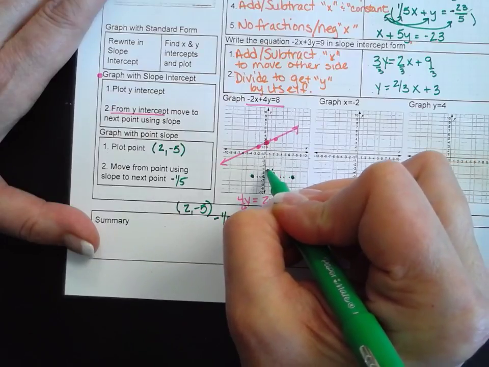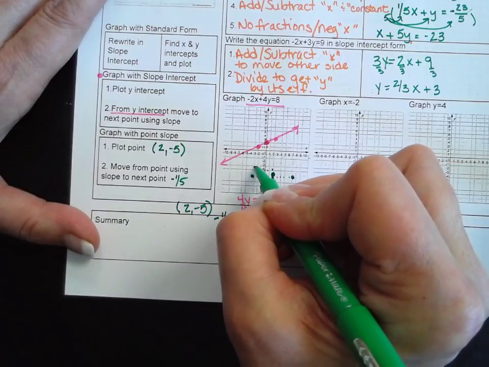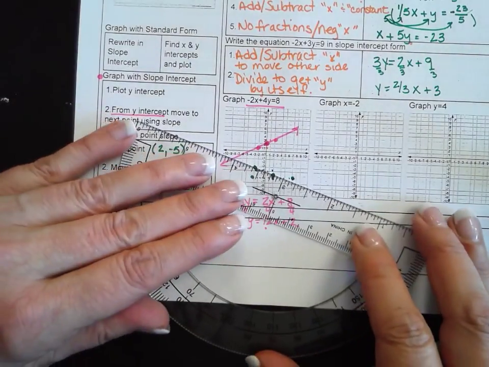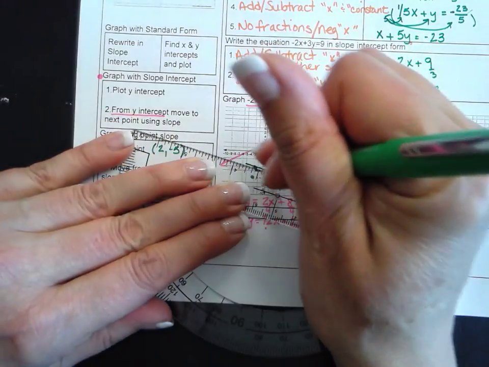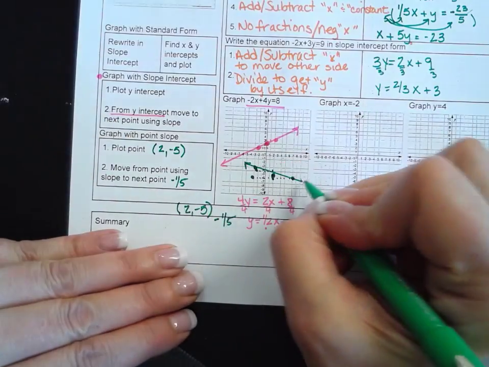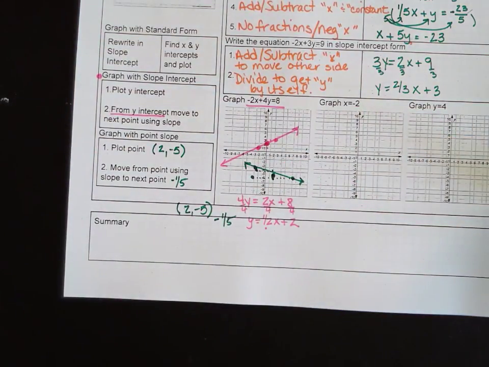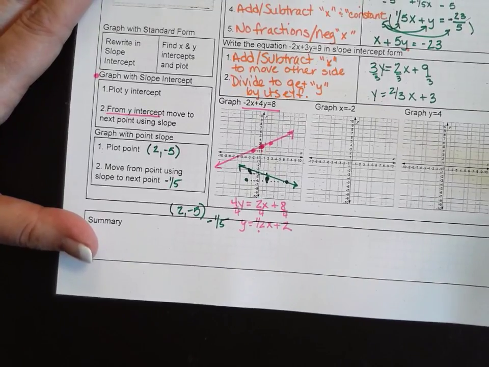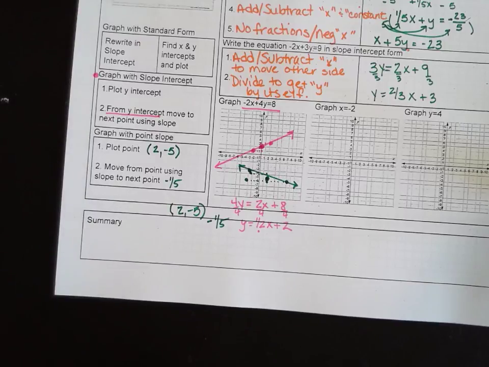Up 1, 2, 3, 4, 5. I think I got that right. Okay, so my point being, if it's in point slope form, you don't need to put it into slope intercept form. Use what you know and go ahead and graph.